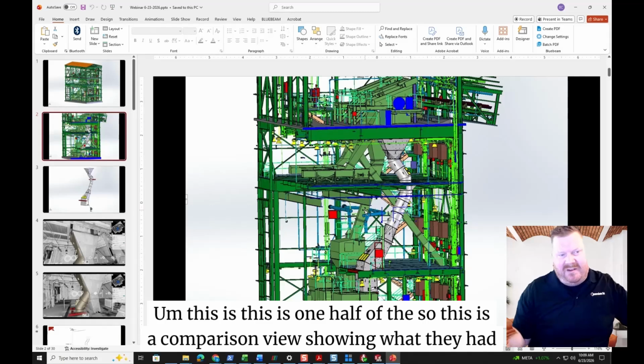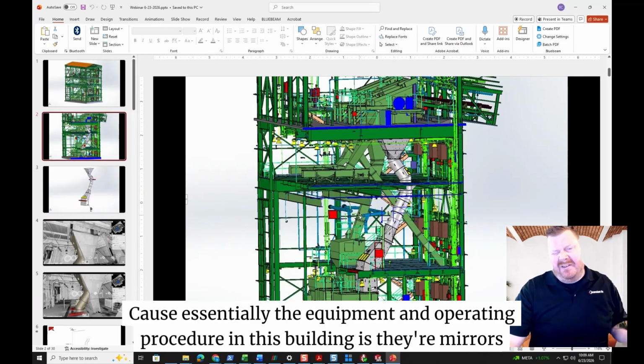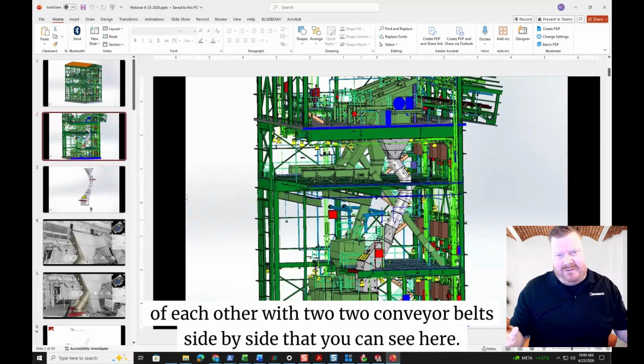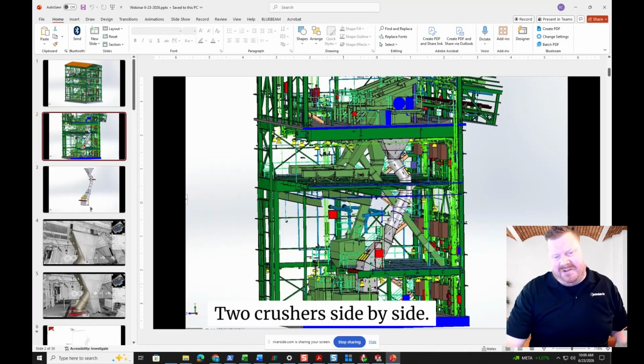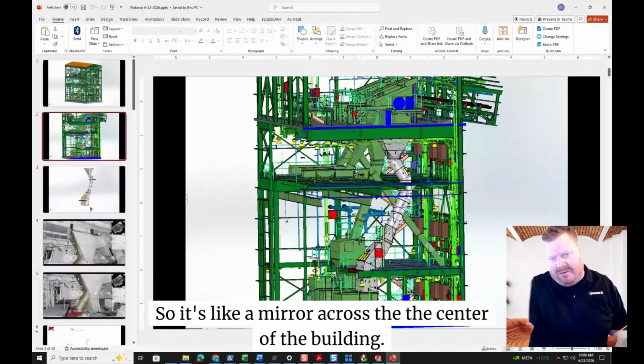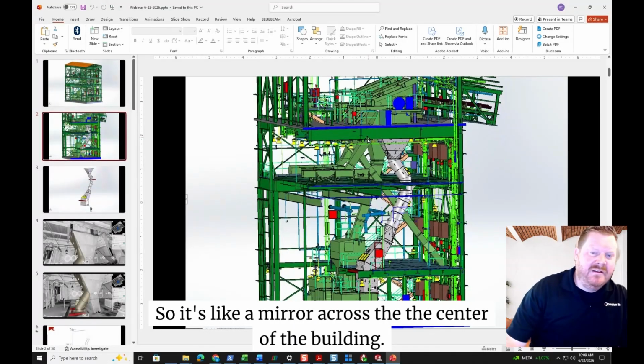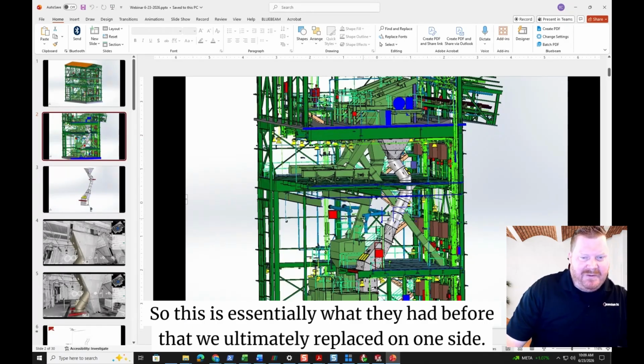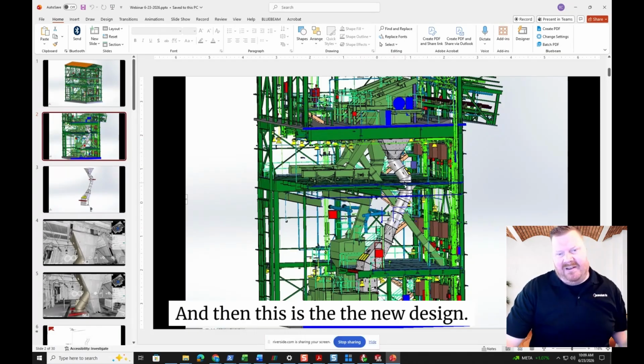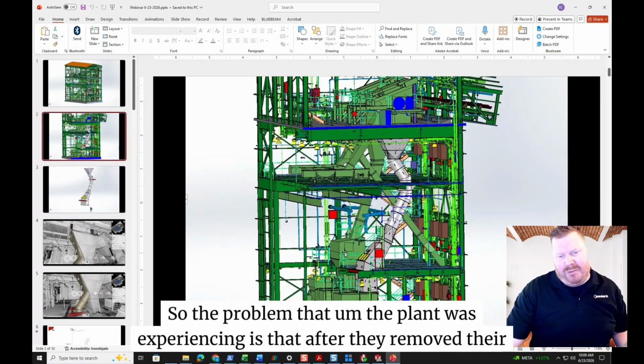This is a comparison view showing what they had before, because essentially the equipment and operating procedure in this building are mirrors of each other, with two conveyor belts side by side that you can see here, and two crushers side by side, like a mirror across the center of the building. So this is essentially what they had before that we ultimately replaced on one side, and this is the new design.